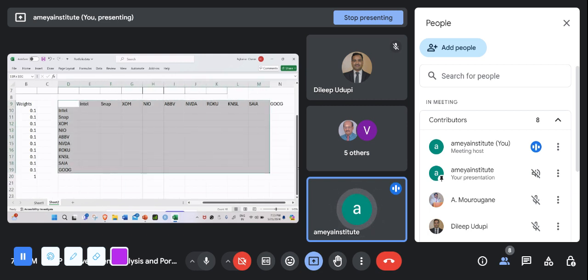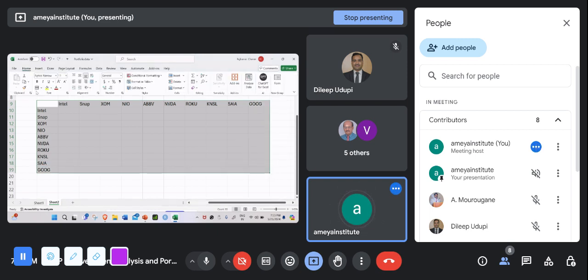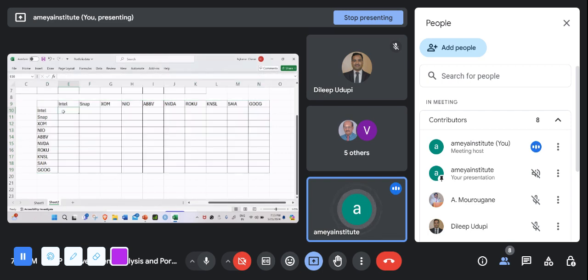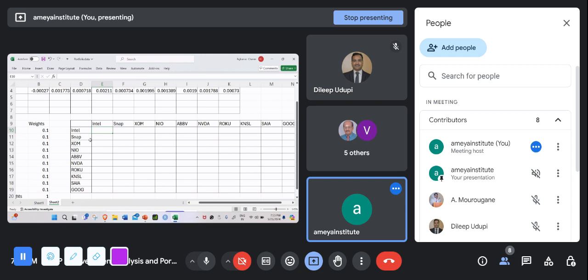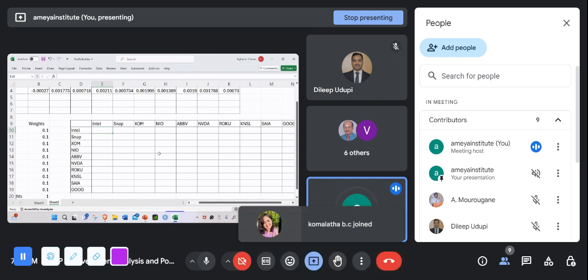Then we'll select this entire portfolio. Remember, we're making a portfolio of all the 10 stocks here. Please select this one. Ready?